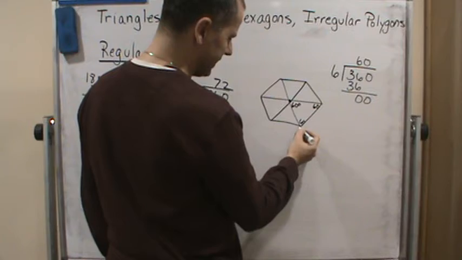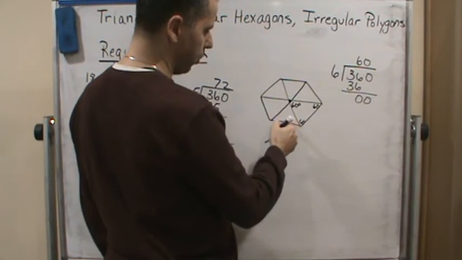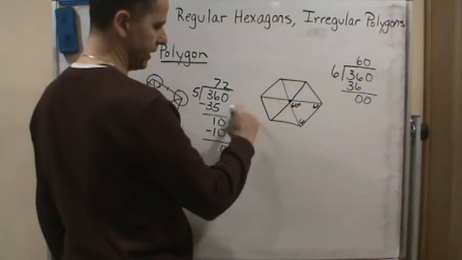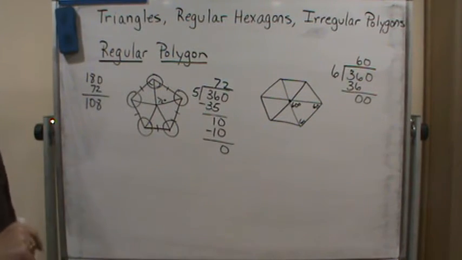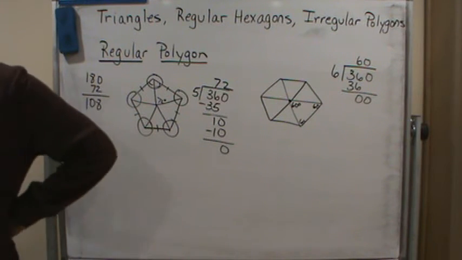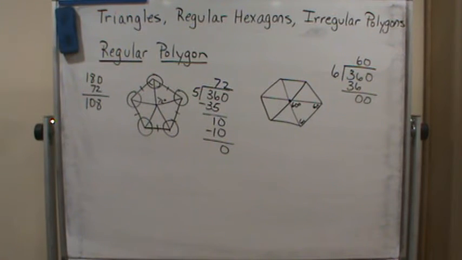Which means that these angles here are 120 degrees on the inside, the vertex. The angle formed by the vertex is 120. Now, why is that important? Because we're going to find the formula for the area of a regular hexagon.